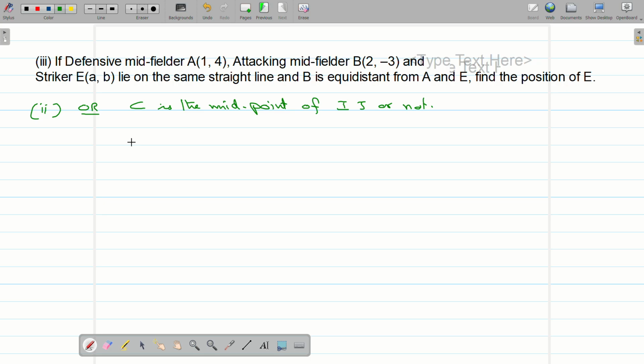The midpoint of IJ is equal to x1 plus x2 by 2, y1 plus y2 by 2. That is 5 minus 4 by 2, that is the x coordinate, and minus 3 plus 6 by 2, that is equal to 1 by 2, 3 by 2.